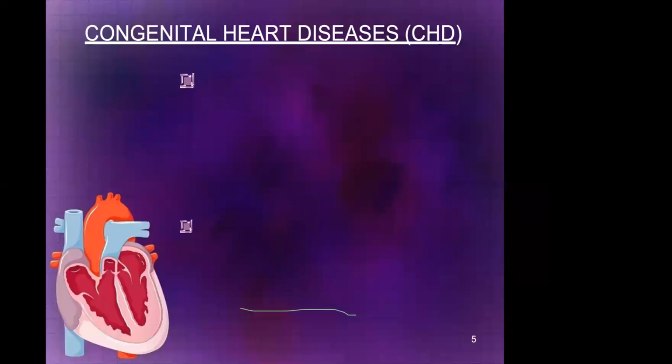So, on a broad basis, we try to classify the babies which are born as pink baby or blue baby, right? The pink baby is the acyanotic, and the blue baby is the cyanotic heart disease. In the pink baby, there will be a volume or pressure overload. So, can someone give me some examples of the acyanotic congenital heart diseases?